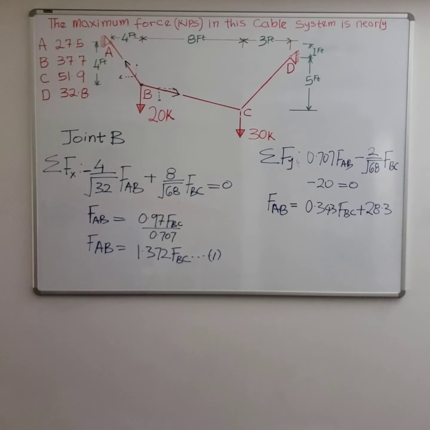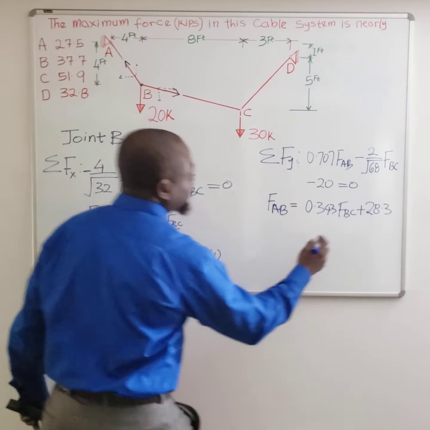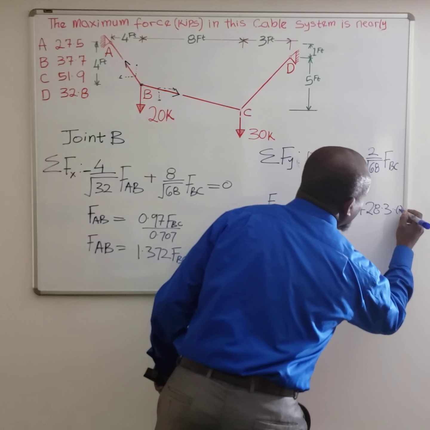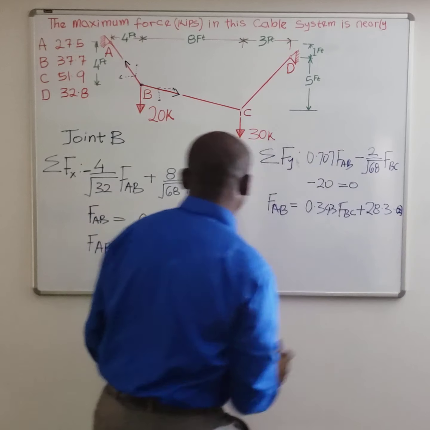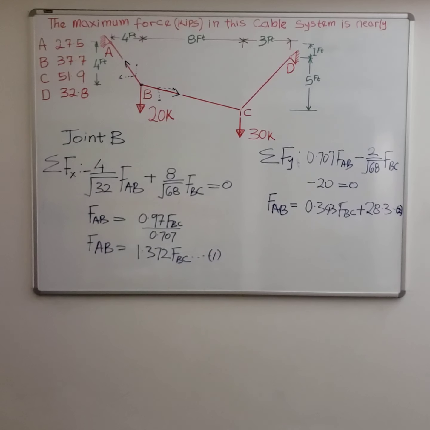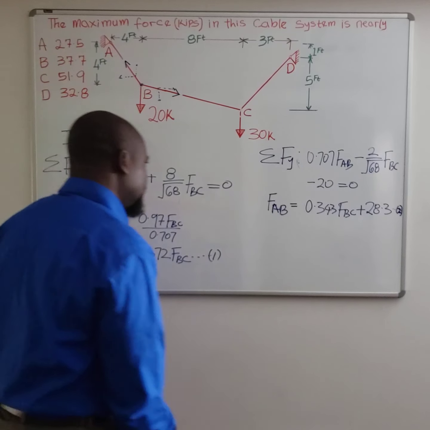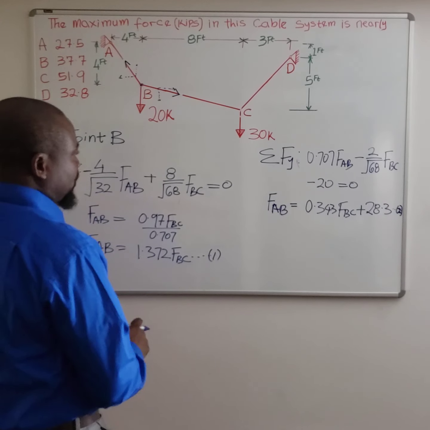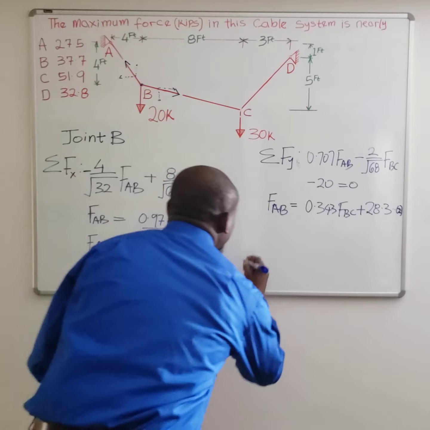Okay. So now you notice that, so that's our second equation. We have the first equation and we have the second equation. So when you put these two equations together, let's just do that quickly.